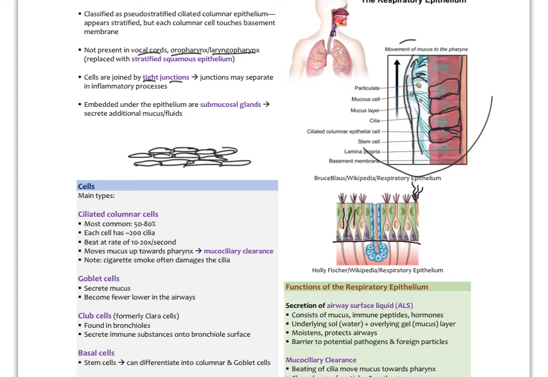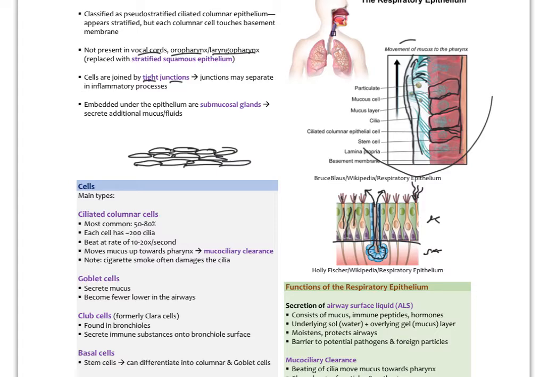But deep down, going down into the submucosa, the area underneath the mucosa, we have glands. These are called submucosal glands, and they secrete additional mucus and fluid, which gets propelled up to the surface here. And this is going to help with that mucociliary clearance.